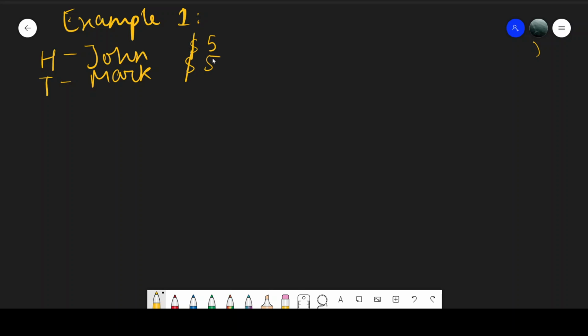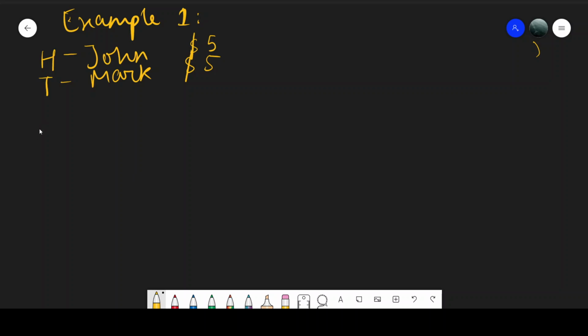If heads turns up, then John gets $5 back, so his total earnings is $10, which is $5 of the initial investment and $5 that he won from Mark. Likewise, if Mark wins, then he gets back $10, which is $5 of the initial investment and $5 that he got from John.